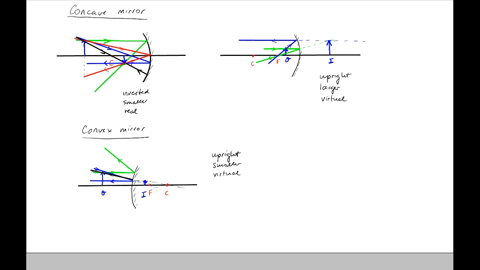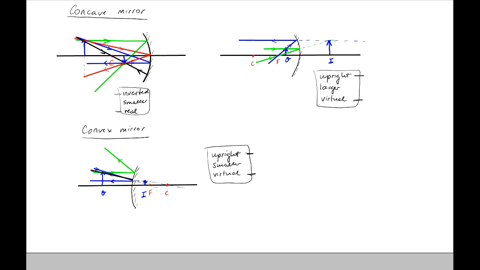Let's compare what we've written in these three different places, for the three different situations for mirrors. We see that an upright image gives us a virtual image, whereas an inverted image is a real image.